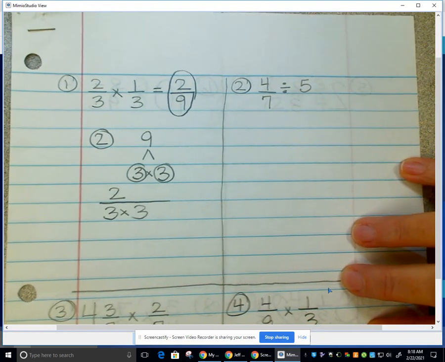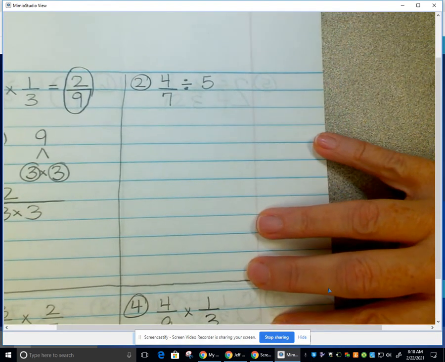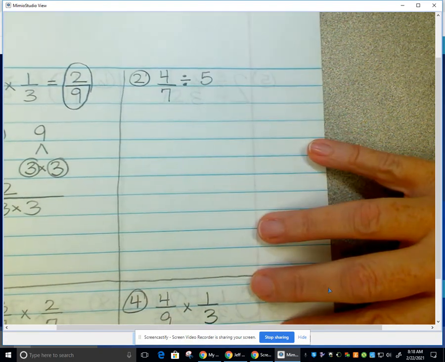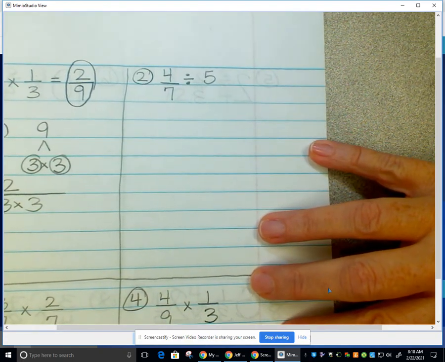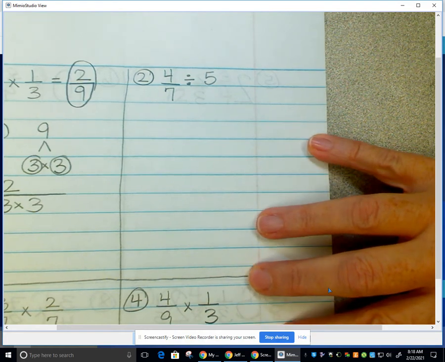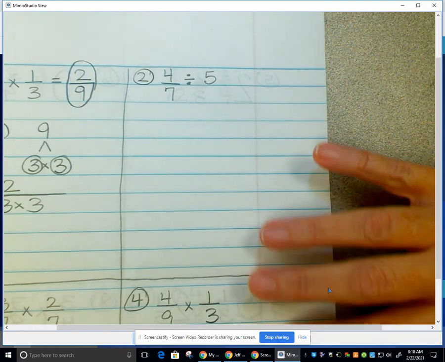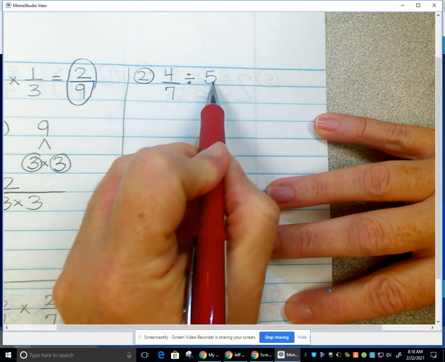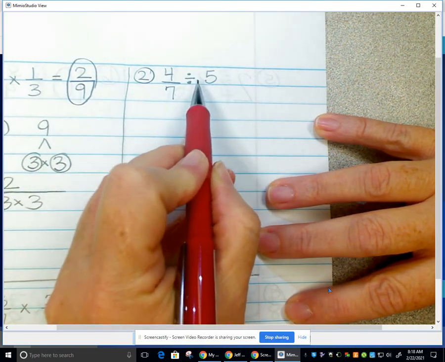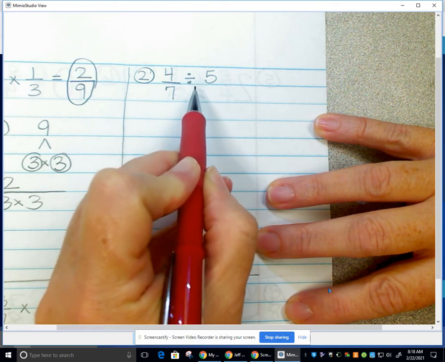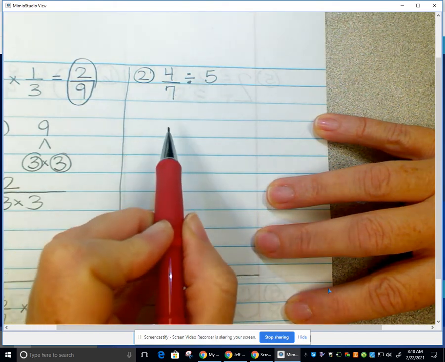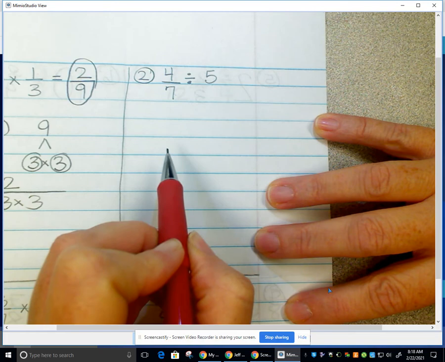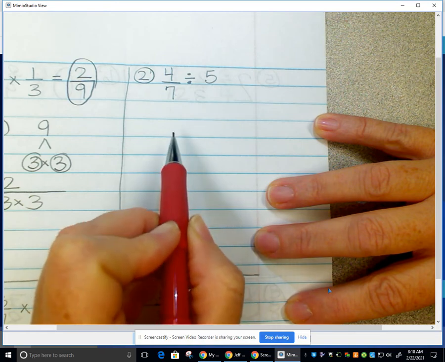Okay, moving on to number 2. At any time, I encourage you to pause the video and work the problem and then play it and watch me work it and see if you worked it correctly. Okay, we've got 4/7 divided by 5. Now we're dividing this time. Remember, in division, we do what we call keep it, switch it, flip it.